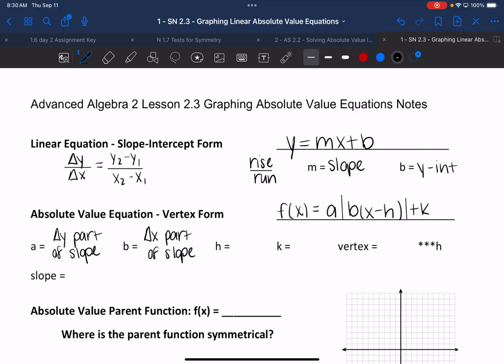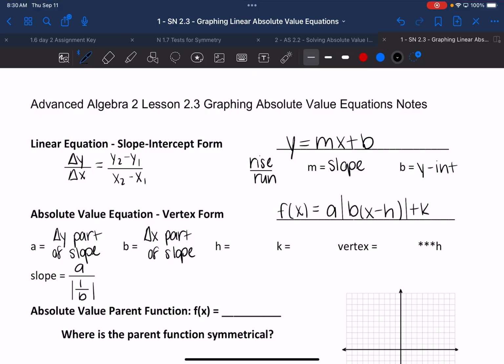Okay, so the fraction that we would put these values into in order to find the slope would be A over the absolute value of 1 over B. Okay, so that would be how we find our slope for these type of equations, or how much up and over between our points.